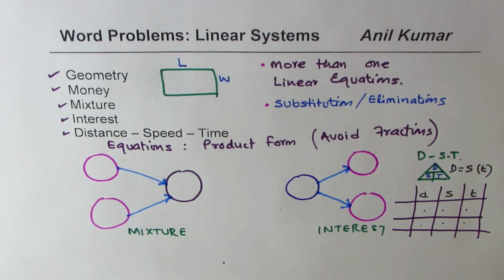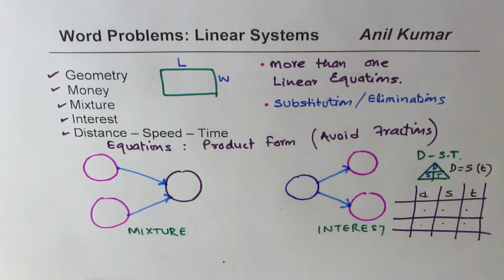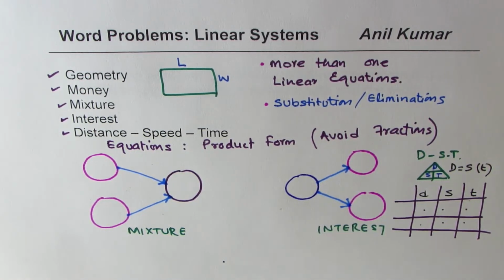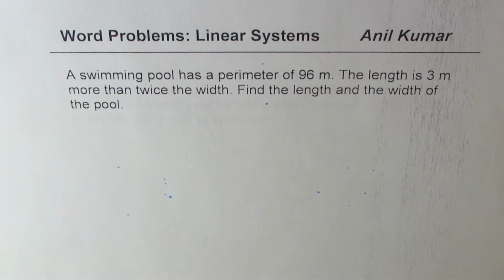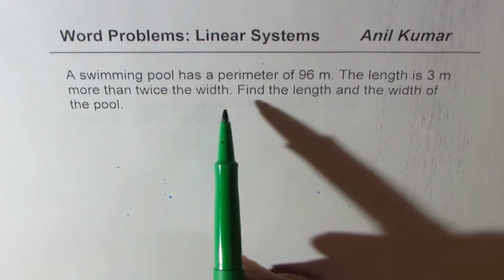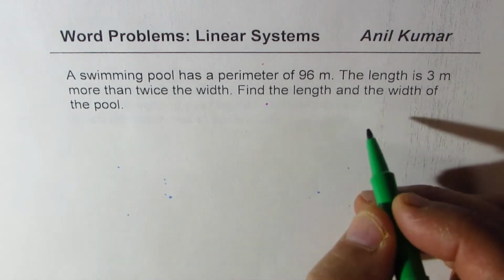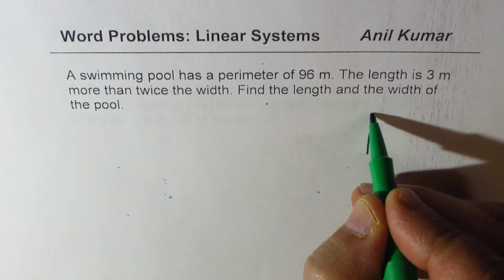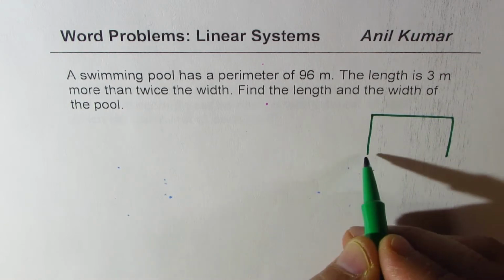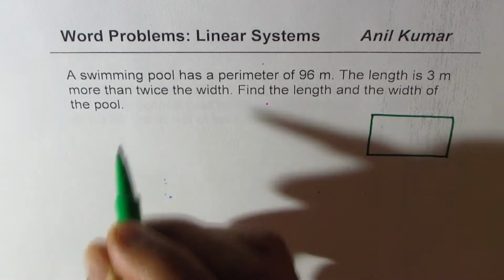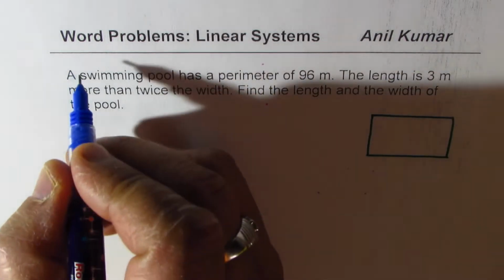Now let's take the questions one by one and see how these strategies can be applied, and how any word problem based on linear system can be solved. The very first example here is: a rectangular swimming pool has perimeter of 96 meters. So let's make a rectangle.